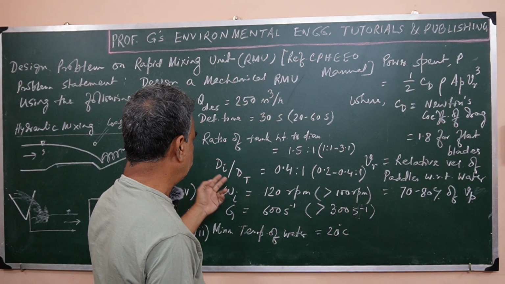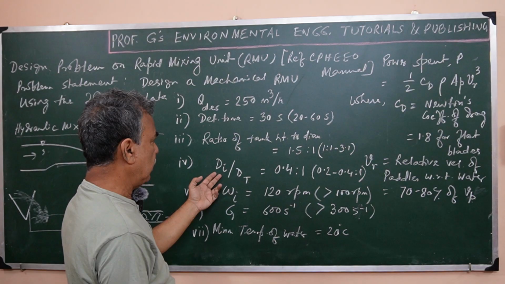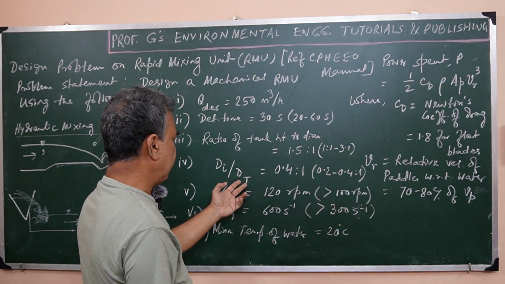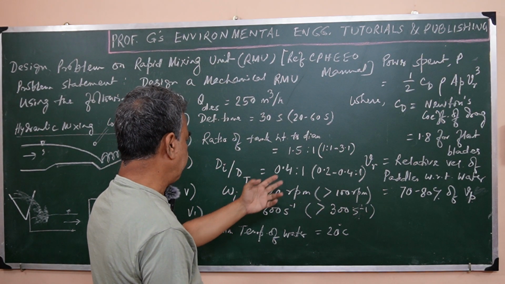All these values are given. This is the diameter of the impeller, as I explained earlier, and this is the diameter of the tank, so the ratio is given.